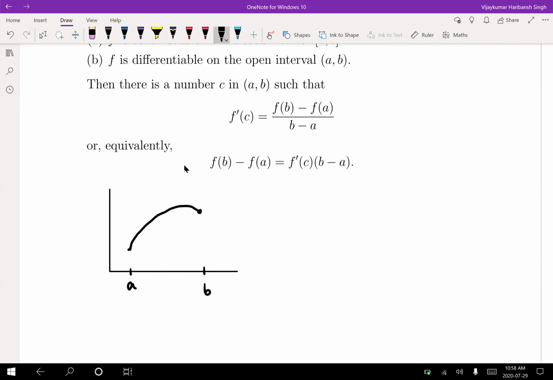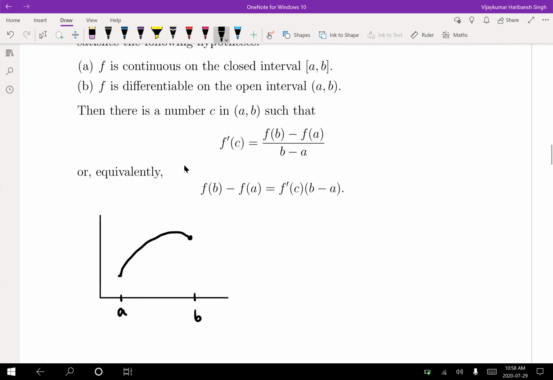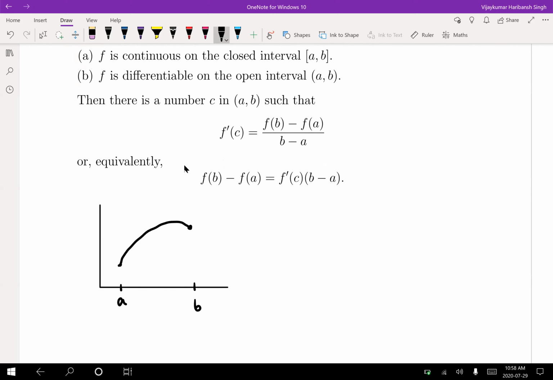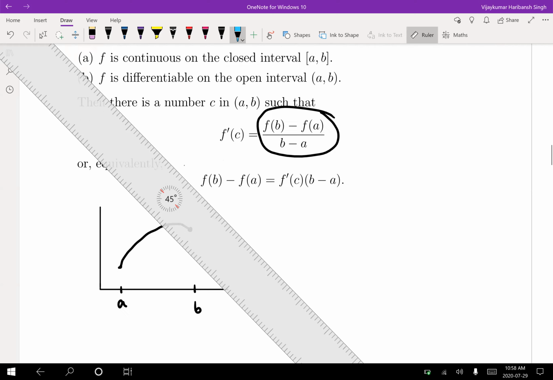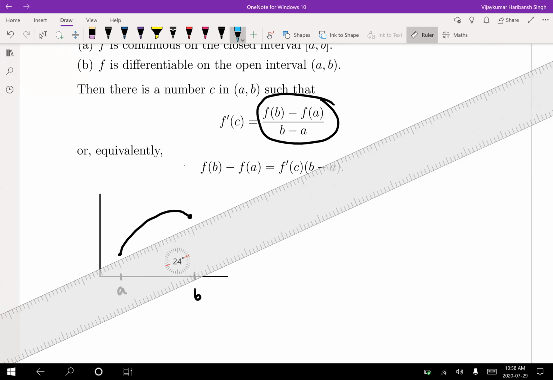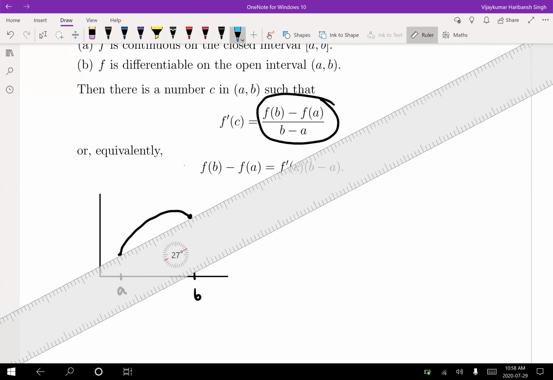It satisfies both conditions: it's continuous and differentiable because there are no sharp corners. Now, what is this? This is the slope of the line joining (a, f of a) and (b, f of b), right? So let me join this line.